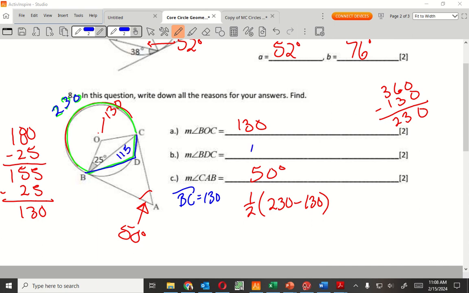There you go. Now we're using a whole lot of the same stuff over and over again. We have inscribed arcs, inscribed angles, triangles, straight lines, all the stuff that's currently in your notes.